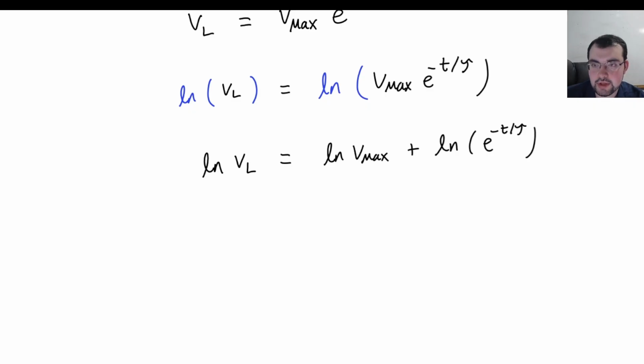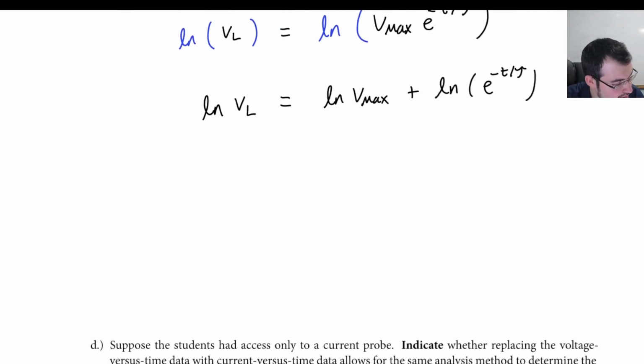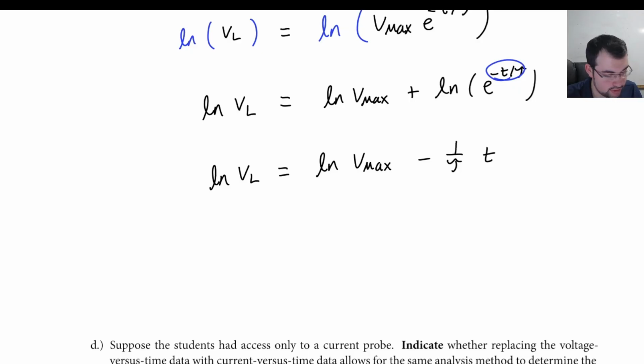Because the product rule for logs says that multiplication can be turned into addition. And now we can cancel that log. So we get ln of V_L is equal to ln of V max minus 1 over tau times t. All I did was rewrite negative t over tau.